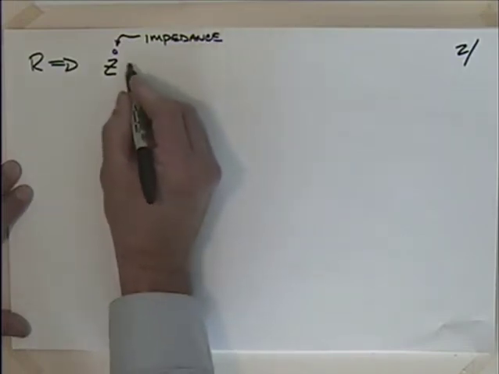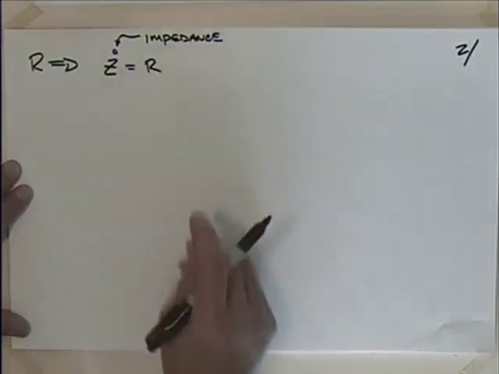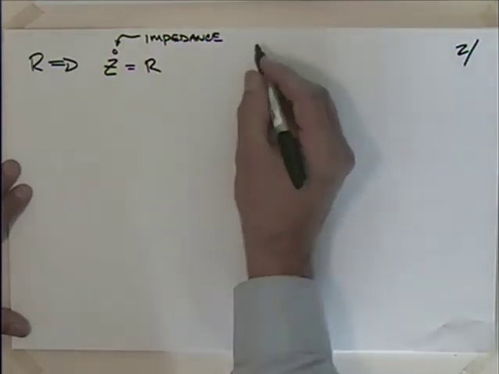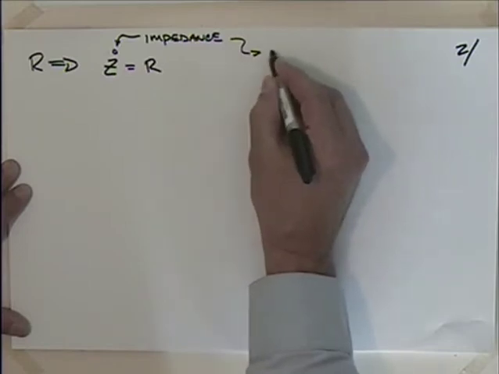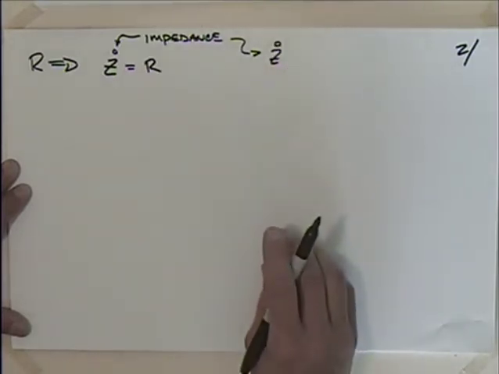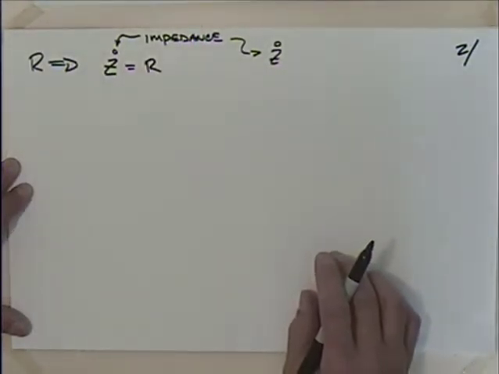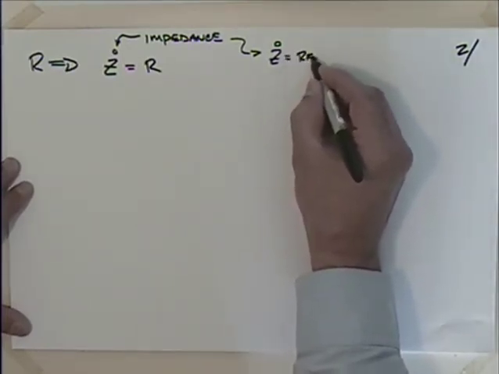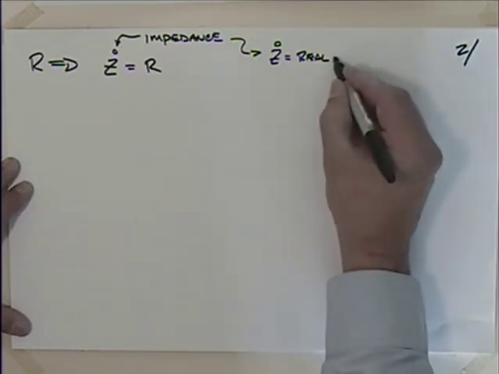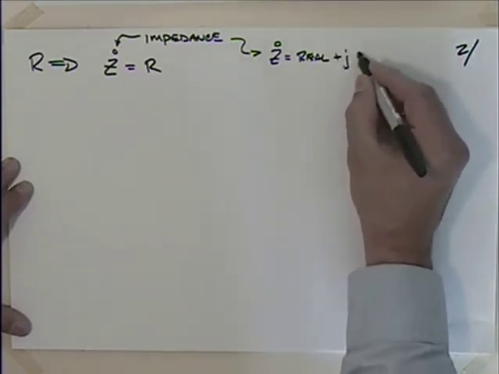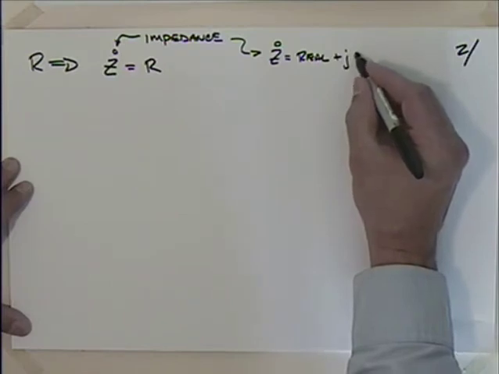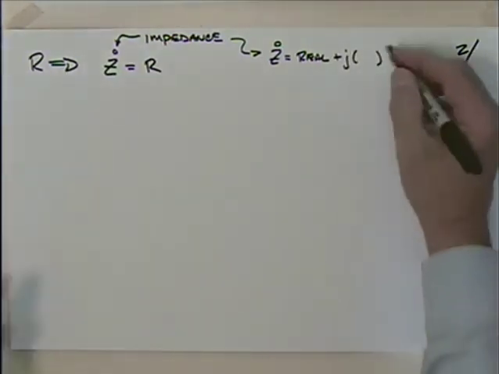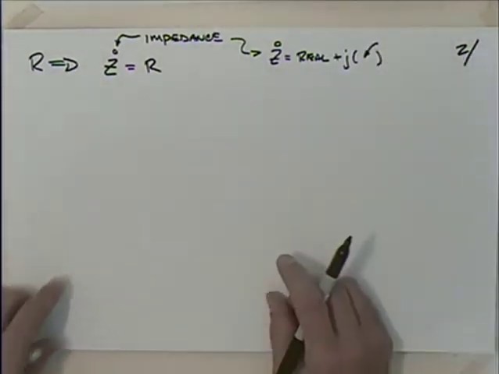The impedance of a resistor is just equal to R. For impedance we use the symbol Z, and we write it like a phasor, but it's actually a complex number because the impedance has a real portion, which happens to be the resistance, plus j times the complex portion, whatever that might be, usually the capacitance or the inductance.